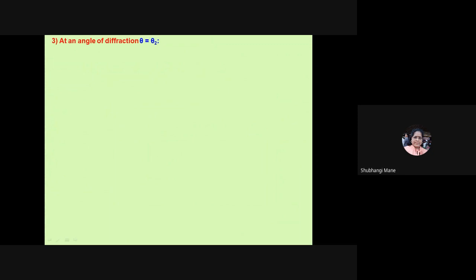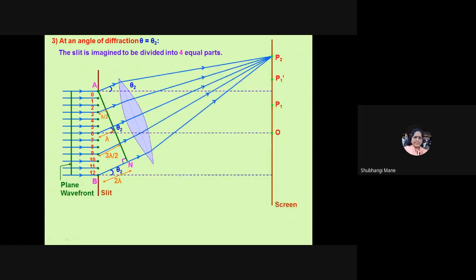The second case is at angle of diffraction theta equals theta 2. If n equals 1, theta equals theta 1, where we can obtain P1. P1 is the location of the first minimum of intensity.